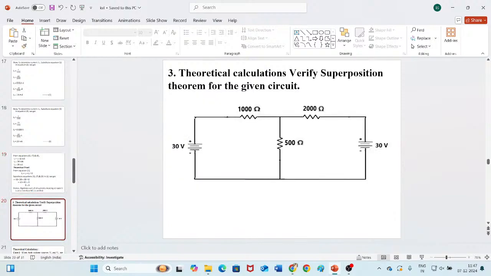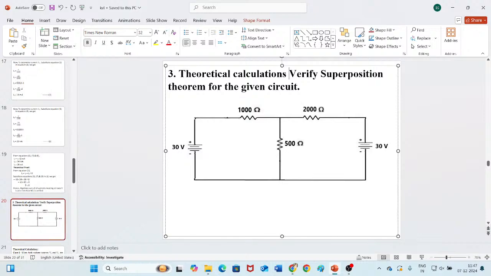I'll start this. Next, theoretical calculation to verify the superposition theorem for this given circuit. If you have gone through the practically verified superposition theorem video, which is available on my channel, this is the same circuit for which I have verified the superposition theorem practically.